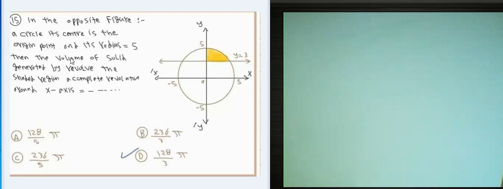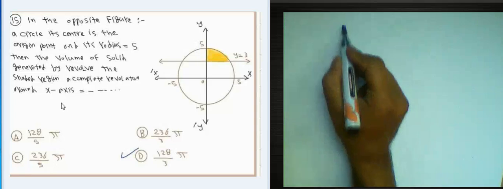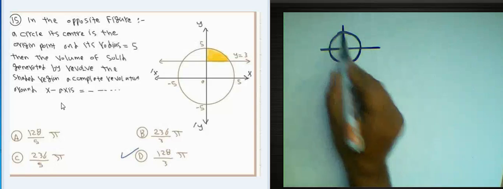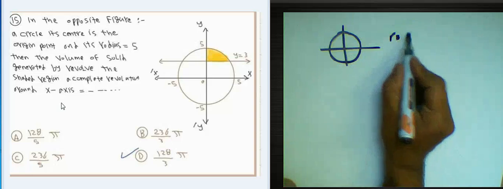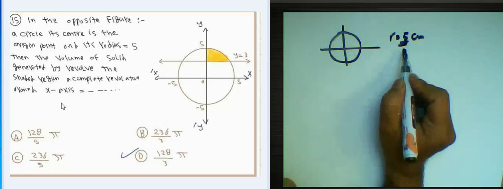Question 15. In the opposite figure, a circle, its center is the origin point and its radius is 5 cm. We want to find the volume of the solid generated by revolving the shaded region around the x-axis. Look here. We have the circle here, and the radius of this circle is 5 cm.